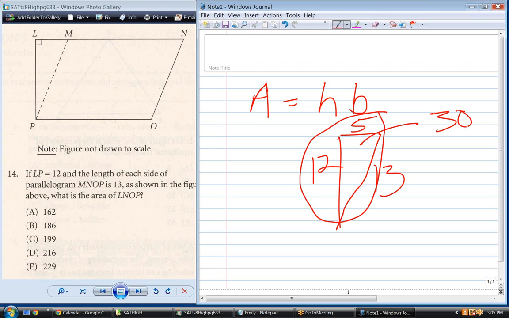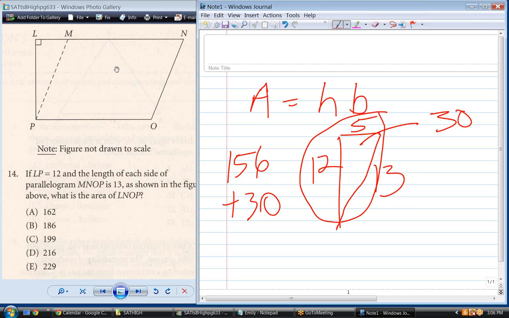What's 12 times 13? Do you have your calculator? I thought it was 162. No. It's 156. 156 plus 30. B. So you got to be a little careful here because they're kind of tricky.